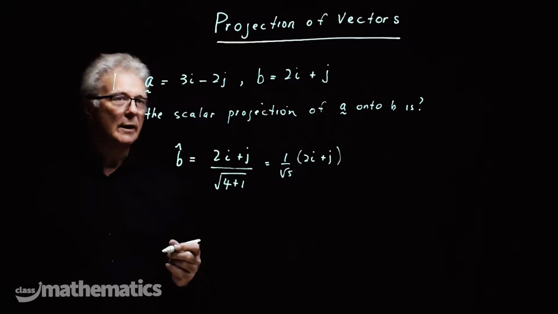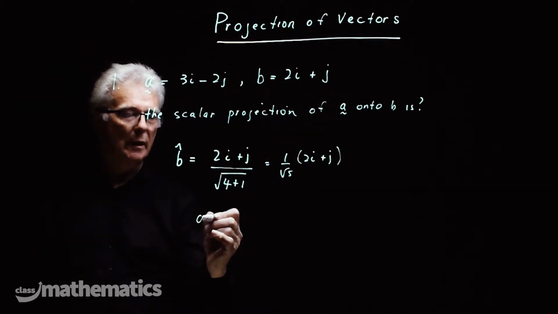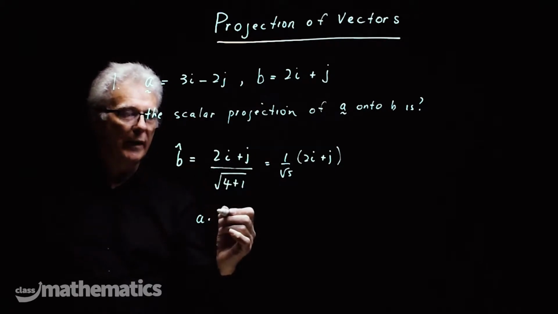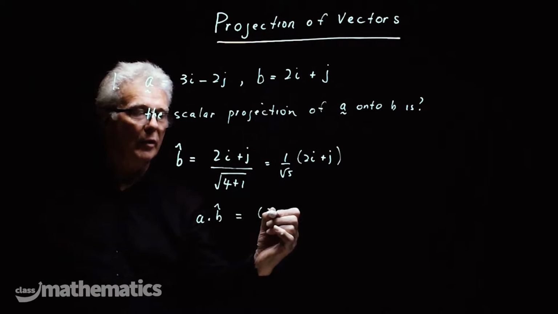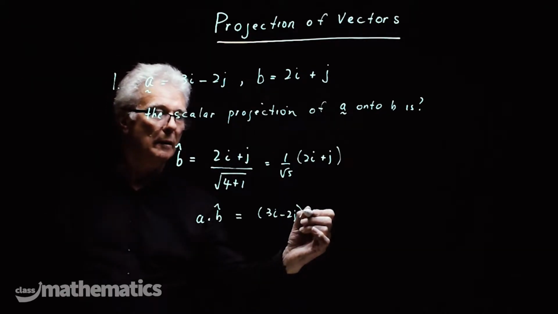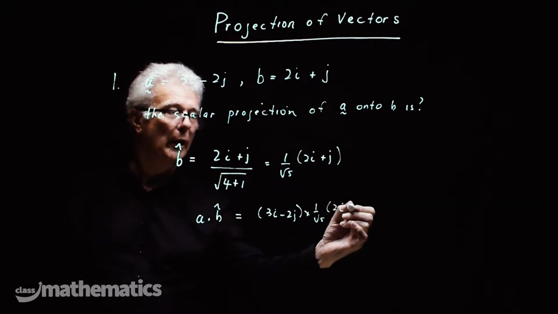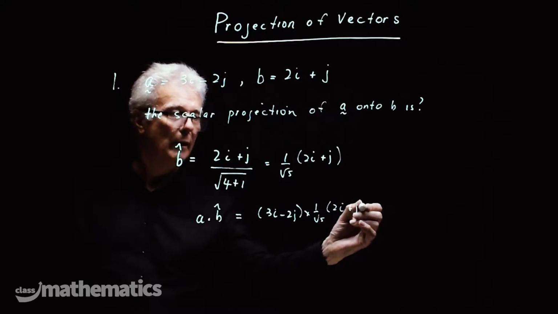Right, so to find the scalar projection of a onto b, it's the dot product of a with the unit vector of b. That will be equal to (3i - 2j) times 1 over root 5 times (2i + j).